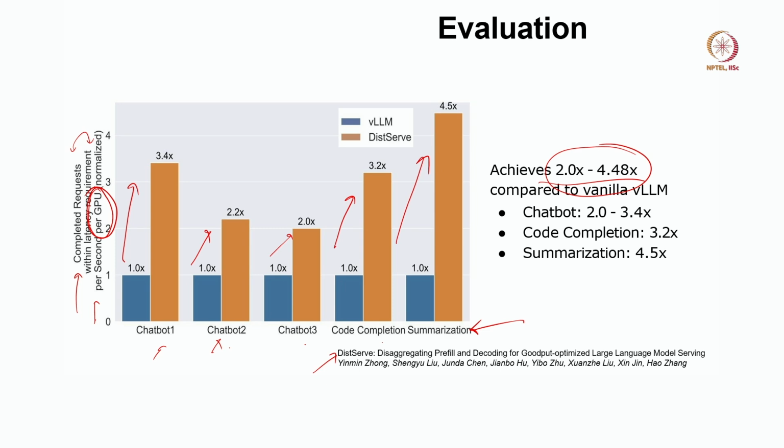With that tweak alone, they achieve this much improvement in throughput, and a 5.4 times improvement is huge. Why is it huge? Earlier we were serving, let us say, just one request per second, but now with this disaggregated serving, we can actually serve 5.4 times more requests. That is a huge benefit.